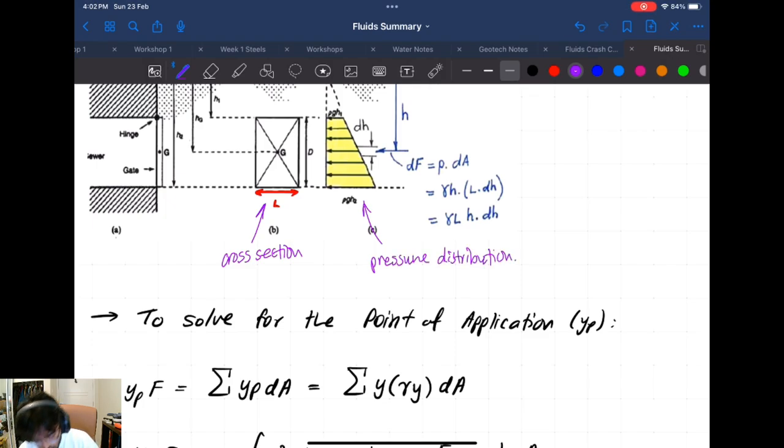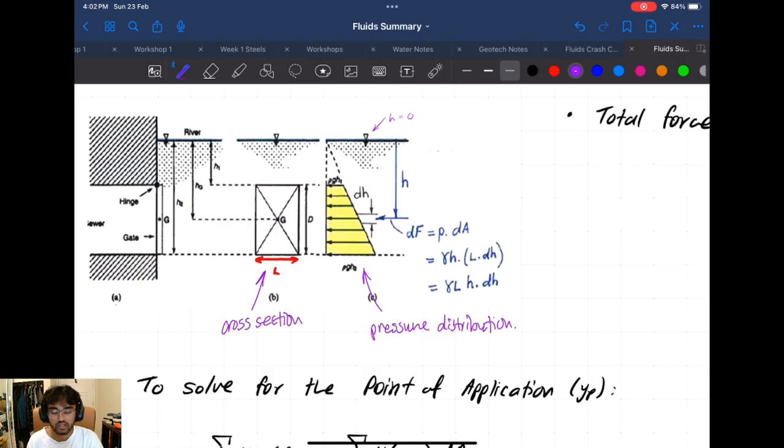So this is all the same thing that you're looking at. It's not different things. So even though this is the gate, this is just looking at the cross section of the gate, right? This is also the gate, but from a side view, and this is just looking at the pressure distribution of the gate. All right, so don't get confused. They are the same thing, but they're not the same thing at the same time, right?